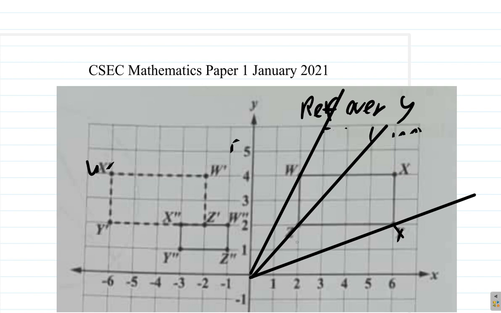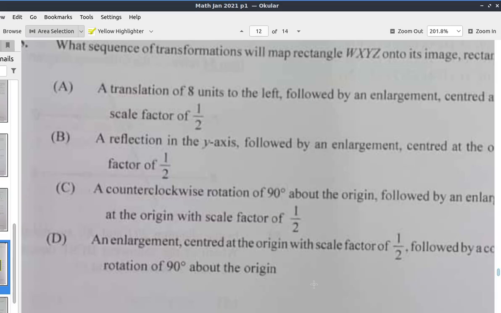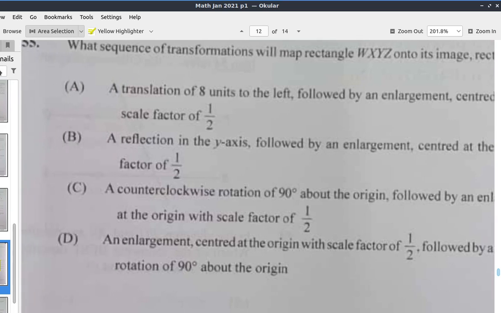Now what you would have is half of the WX. Instead of 1, 2, 3, 4, it becomes 1, 2. So that's what would happen there. Then we will go up, this and this. That's what will happen. And then it says counterclockwise rotation about the origin, 90 degrees about the origin.